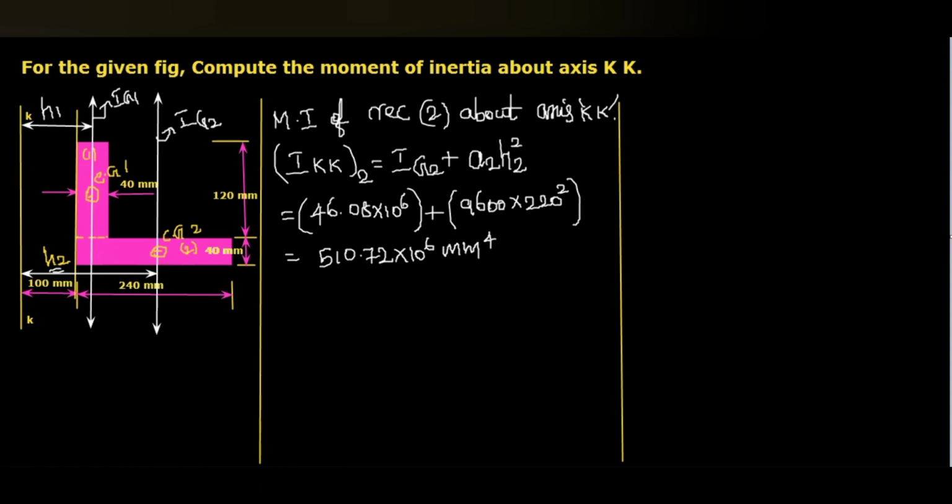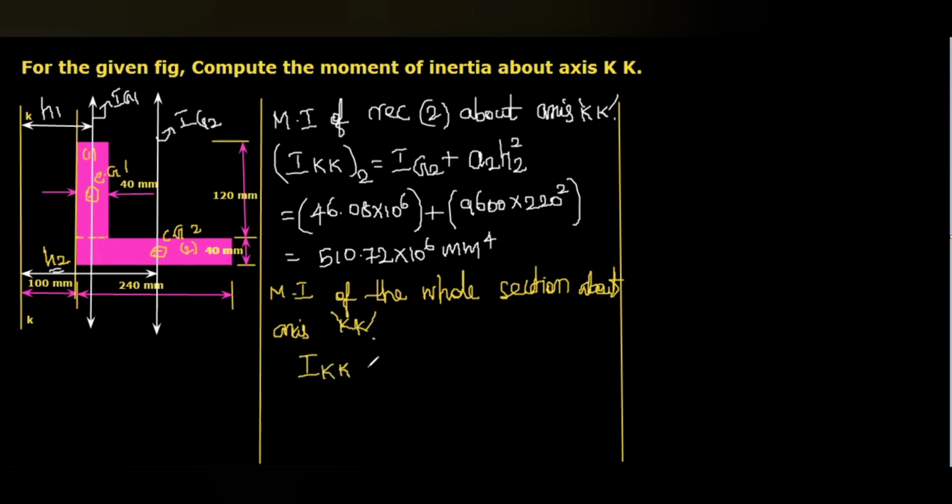Then the moment of inertia of the whole section about axis KK, IKK, equals IKK1 plus IKK2. So now add both the values.